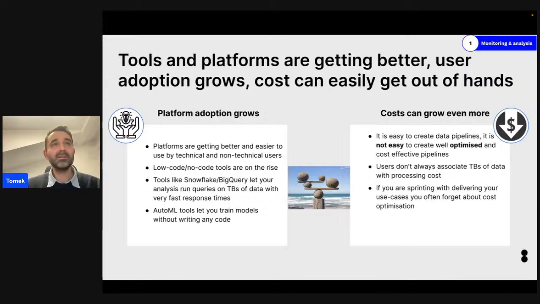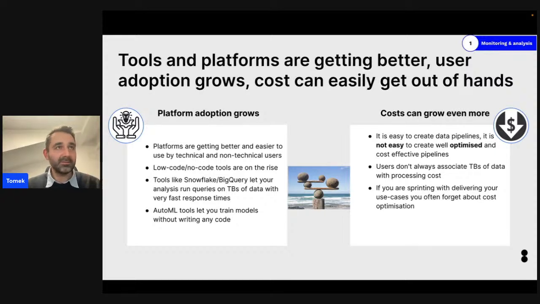Another interesting trend and something that we see a lot is the rise and growth of low-code tools and self-service tools and various advancements in technology of data platforms that make those tools really easy and appealing for users to use. So this is great, right? You have a lot of users on your data platform, and those low code or no code tools allow non-technical users to build dashboards.